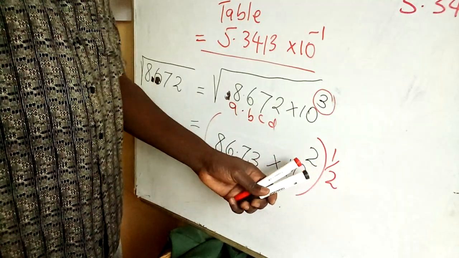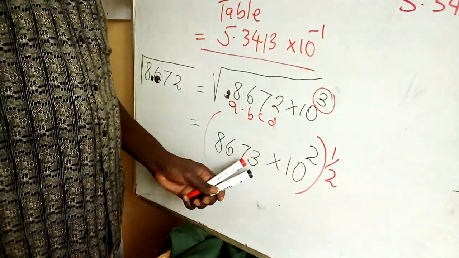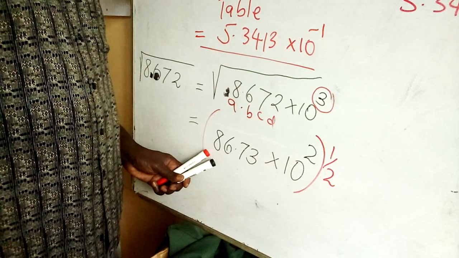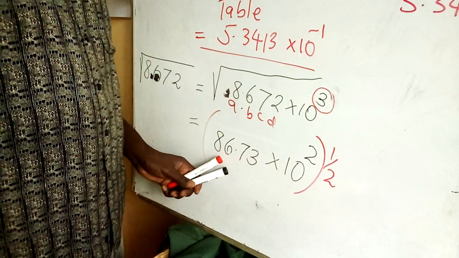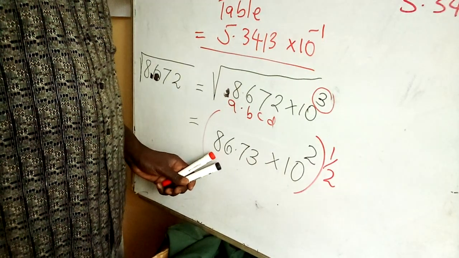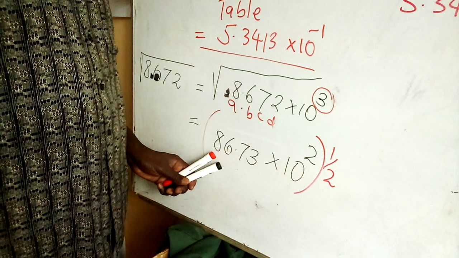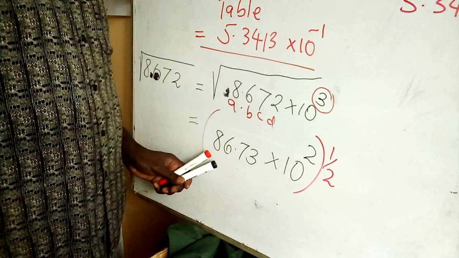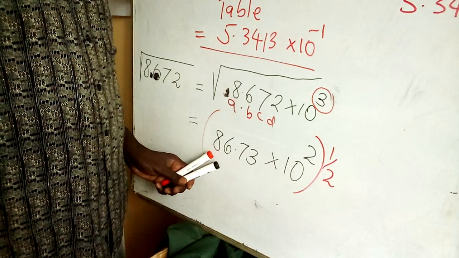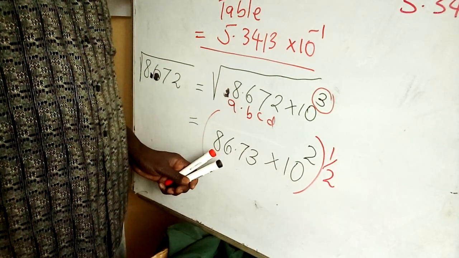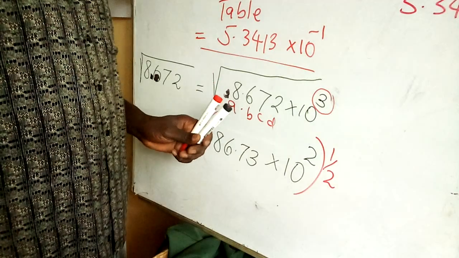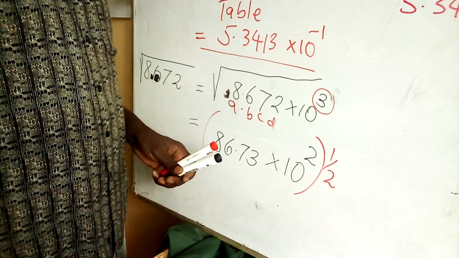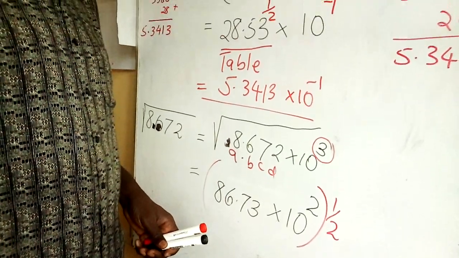A half comes in here. That means this part you check in the table. So you will check in the page where 10 is less than or equal to x and x is less than 100. That is the page. There are two major pages with headings, so you must understand those headings so that you don't waste time looking for it in the wrong page.